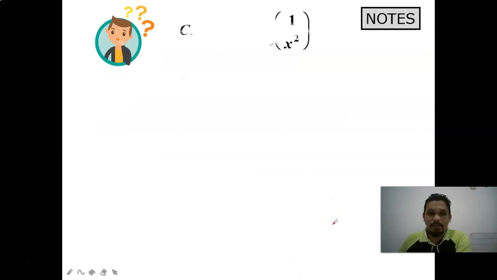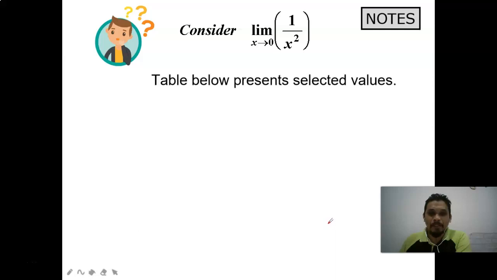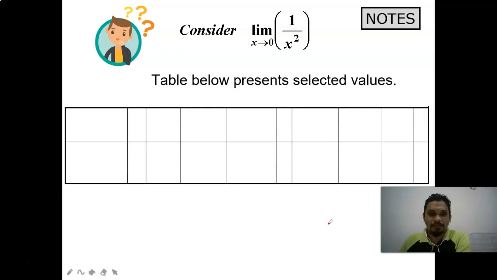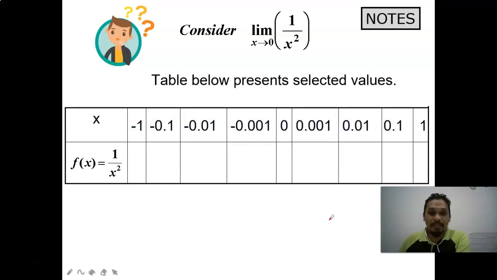So let's try. Okay, consider the limit of the function of x approaching 0, 1 over x squared. The table below presents selected values of the function f(x) equal to 1 over x squared. These are all the values of x.